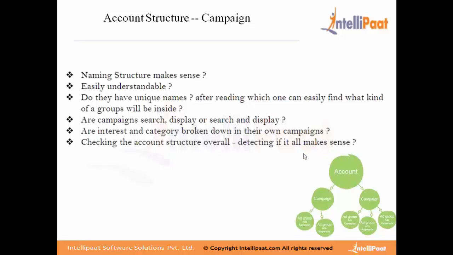You can see the overall structure of the AdWords account, which you have learned in the previous videos, where you have the major Google AdWords account on top, then the campaigns as a subset of the account, underneath campaigns the ad groups, and underneath ad groups the ads and the keywords. While looking at the entire structure of the AdWords account, one should look at whether the naming structure, the entire hierarchy, and the overall theme used within this account structure make sense or not.